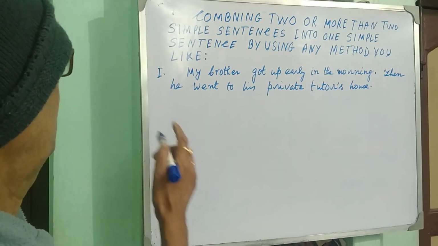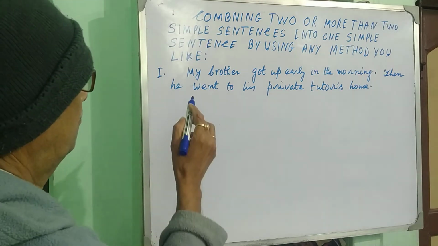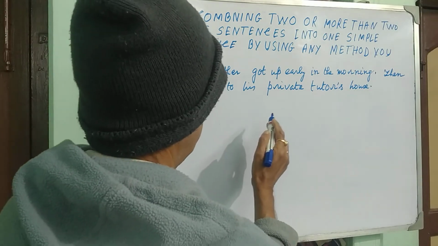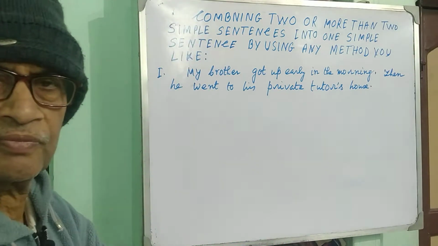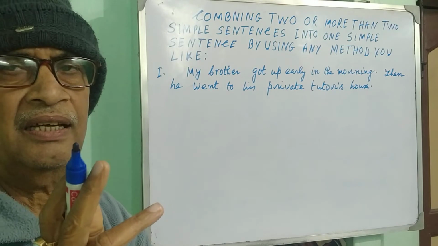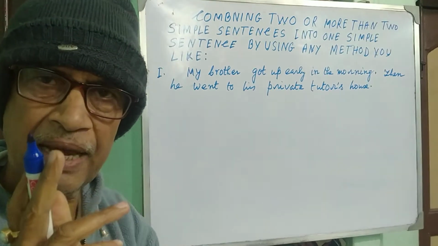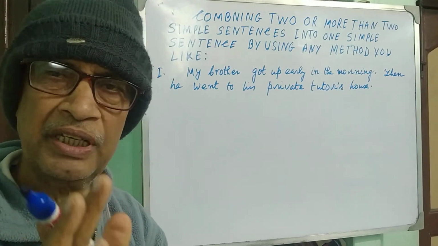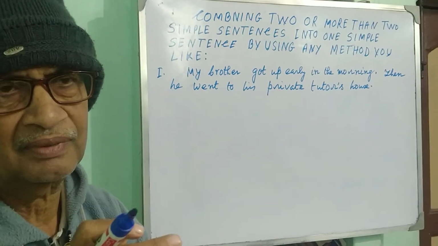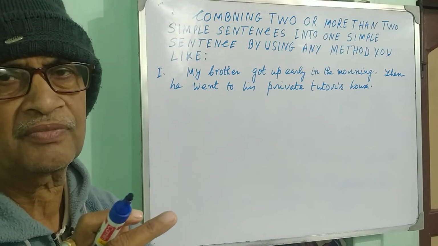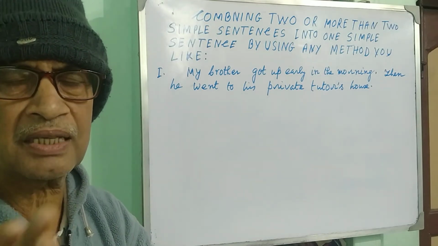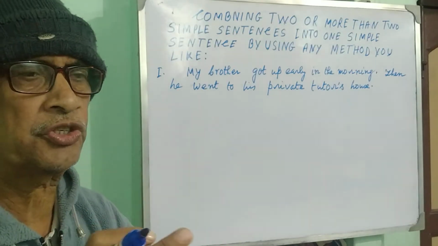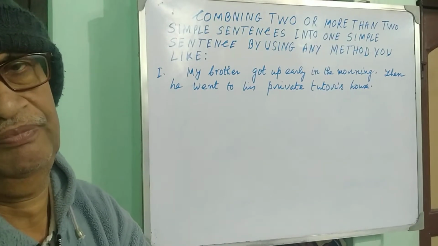However, my first example is, my brother got up early in the morning, then he went to his private tutor's house. And you see that the subject is the same person, that is brother. And when you see that the subject is the same person and two works are done by him, you are at liberty to use participle.